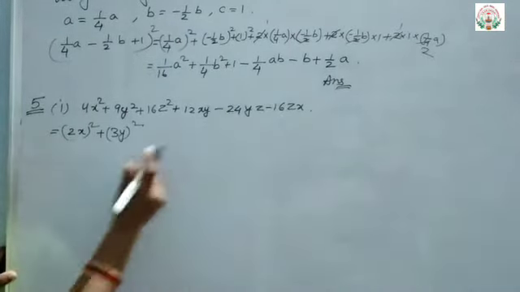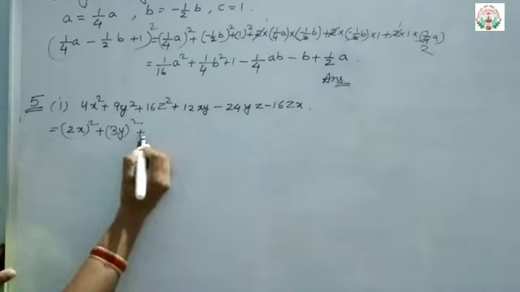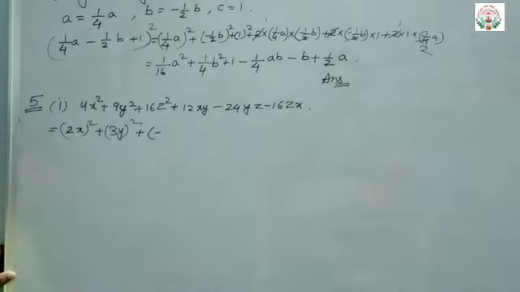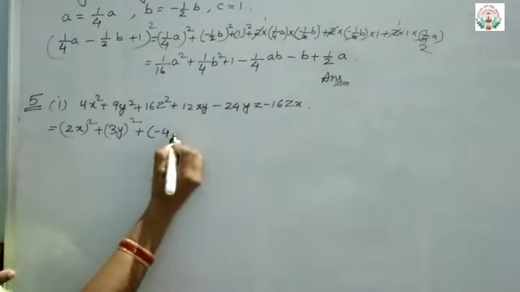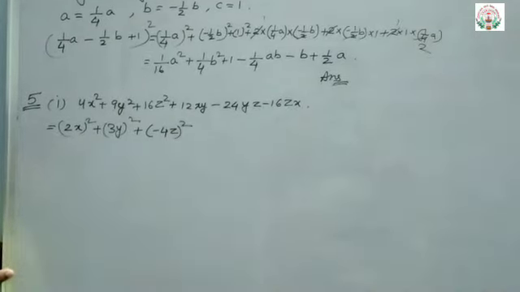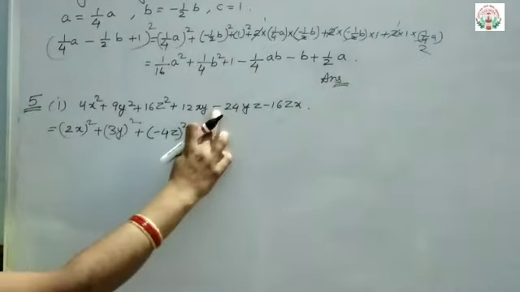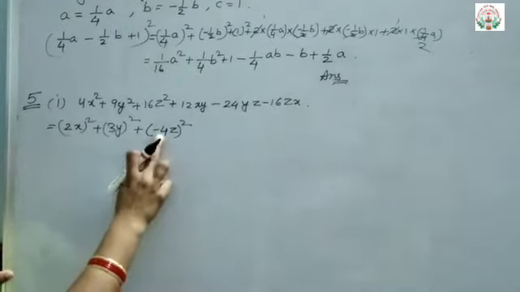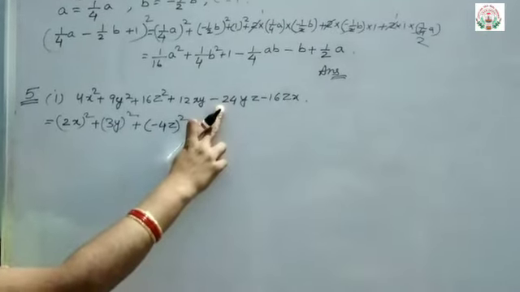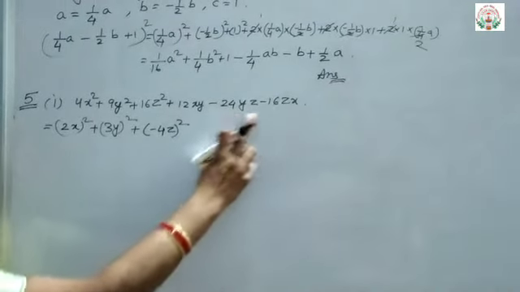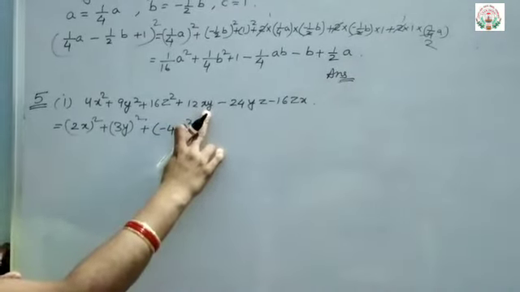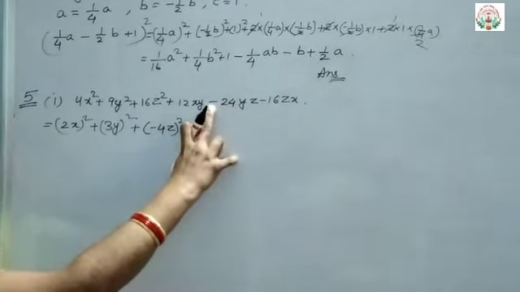Understood, children? So that's why this one is plus and then minus of, 16 is a perfect square of 4, so minus 4z whole square. Here, because the sign is negative, negative means on multiplication with positive and negative, you will get a negative value. Okay. And you have to see which term it is. Here it is positive, meaning x and y values are positive. But here you can see a negative sign is there.